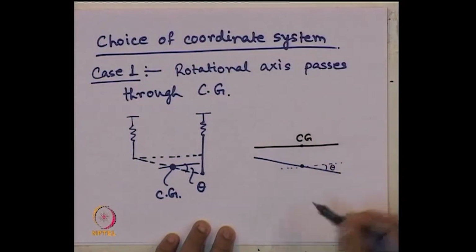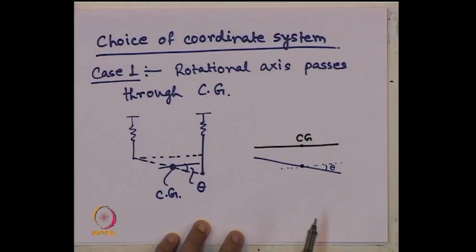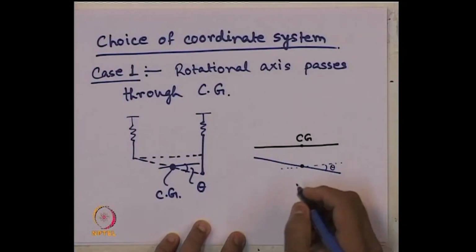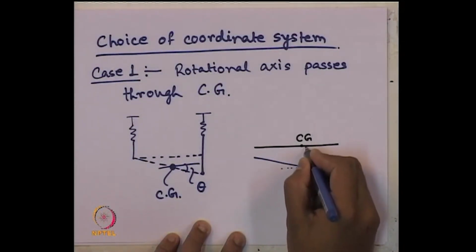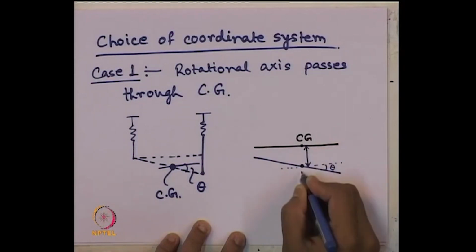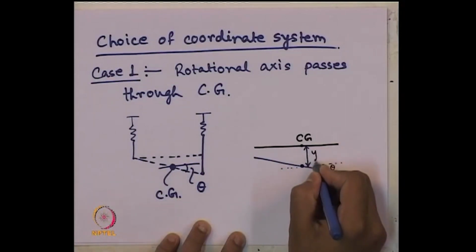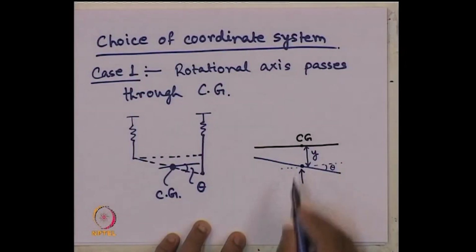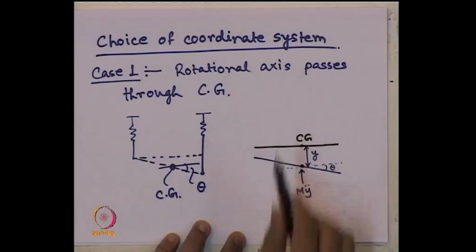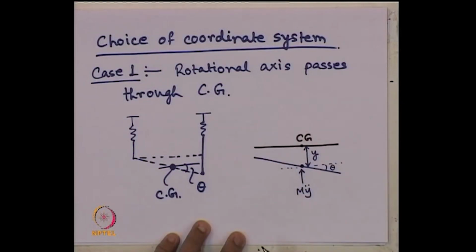So, it has moved down as well as it has rotated about the center of gravity. What forces should act on the system? At CG, suppose the vertical movement up to this point is y, then there will be a vertical inertia force m y double dot acting at the CG because of its vertical movement.